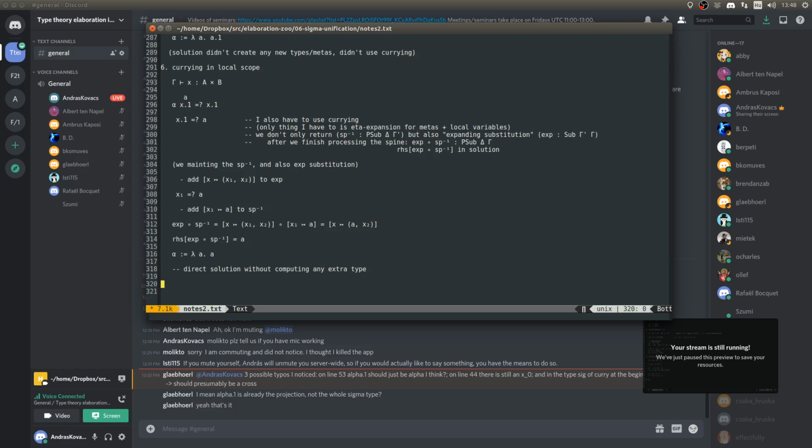So I can give, for example, an example for flipping, which is a completely new feature.